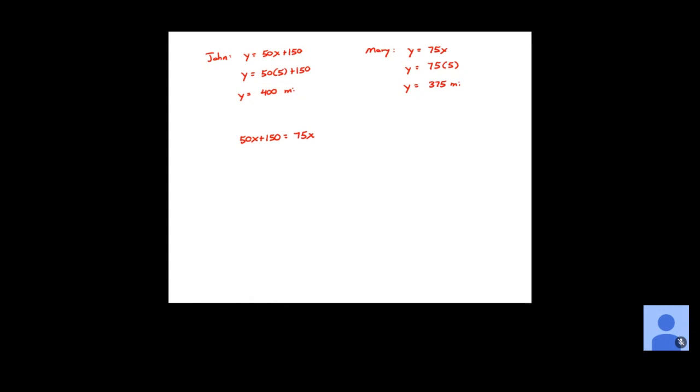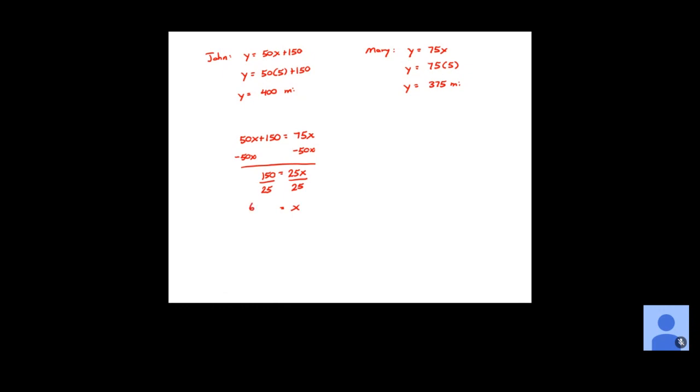Now, how would I solve that? Okay, subtract the 50x, good. When we do that, that's going to give us 150 is equal to 25x. And then we can do what? Good. If we divide by 25, what's our x value going to be this time? Okay, good.